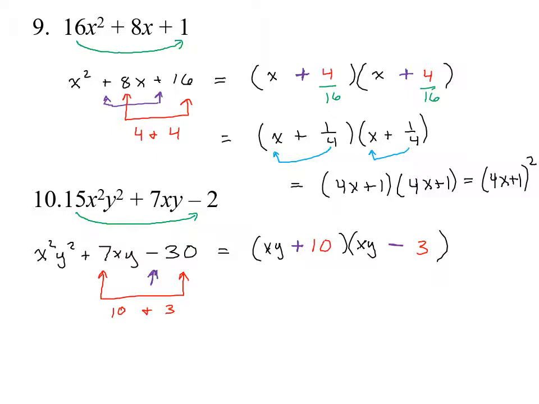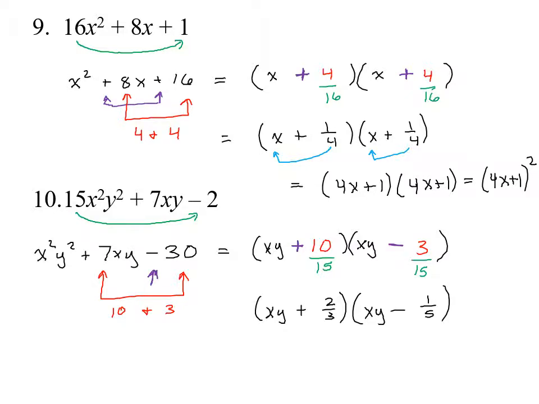Again, that's not your answer because we multiplied by 15. So I'm going to divide each one of these by 15. And that will give me xy plus 10 over 15 doesn't simplify quite as well, but 5 will go into each one to make it 2/3. And 3 goes into 15 5 times.